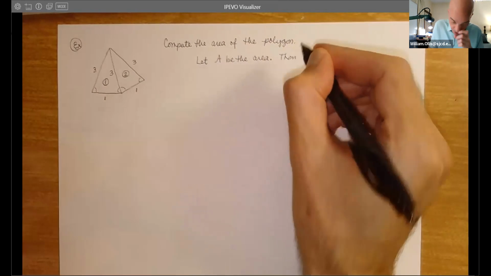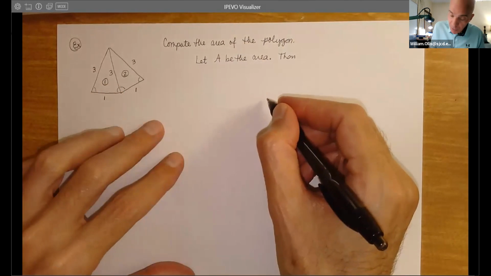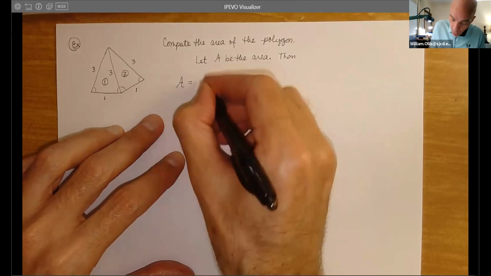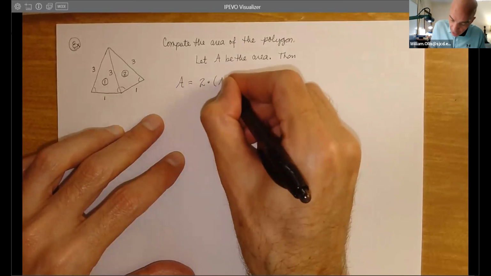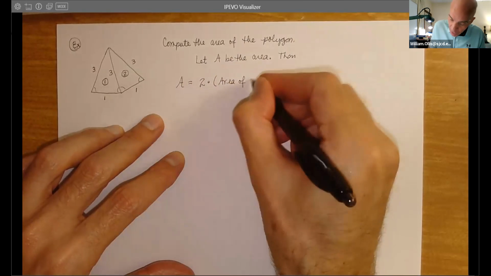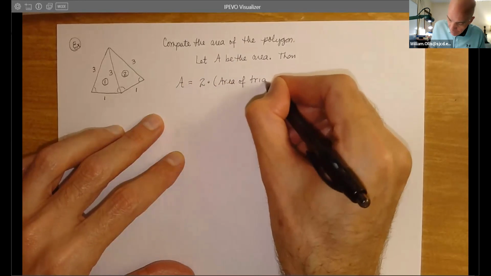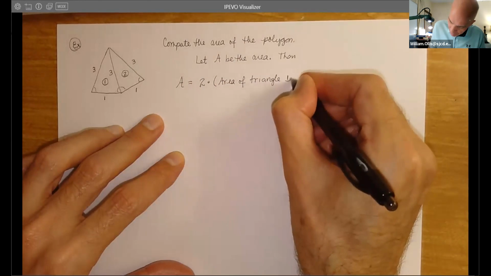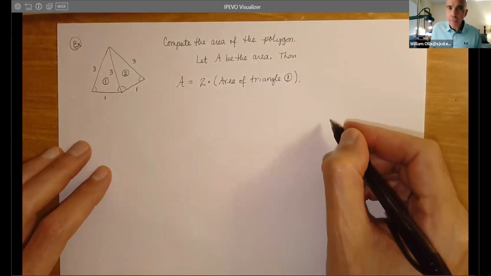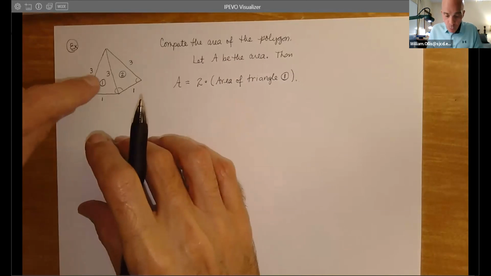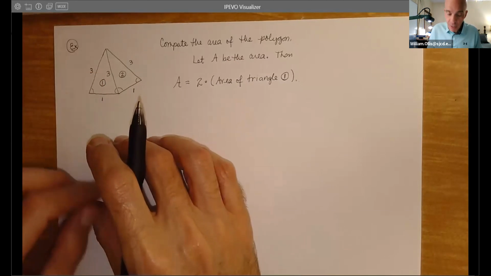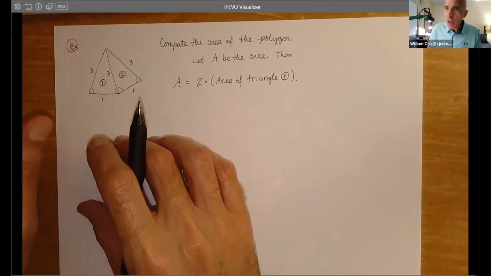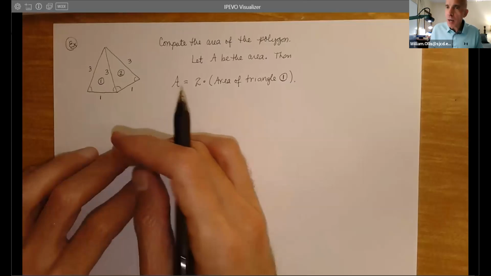Then, because these two triangles are congruent, so to speak, we can say then A equals twice the area of triangle 1. Right there. So we're thinking, okay, we'll find the area of this triangle and just double it. But now we're not gonna do the approach that we would do with the included angle. We could solve for an included angle, but we want to go ahead and use the powerful result, Heron's formula.